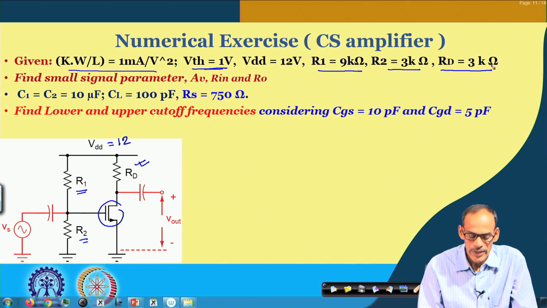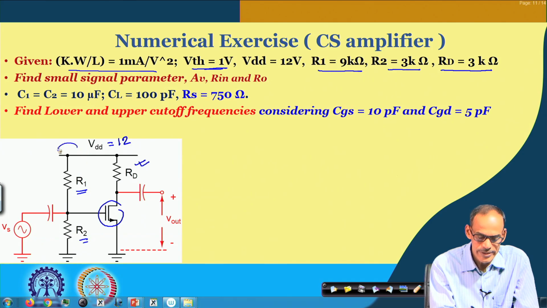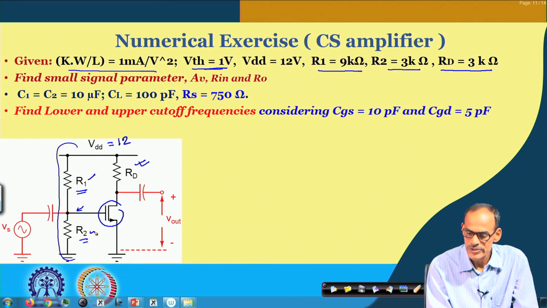Now, if I analyze this part to find the voltage here, since it is 9 and 3, the voltage coming here is 3 volt from this 12 volt, right.